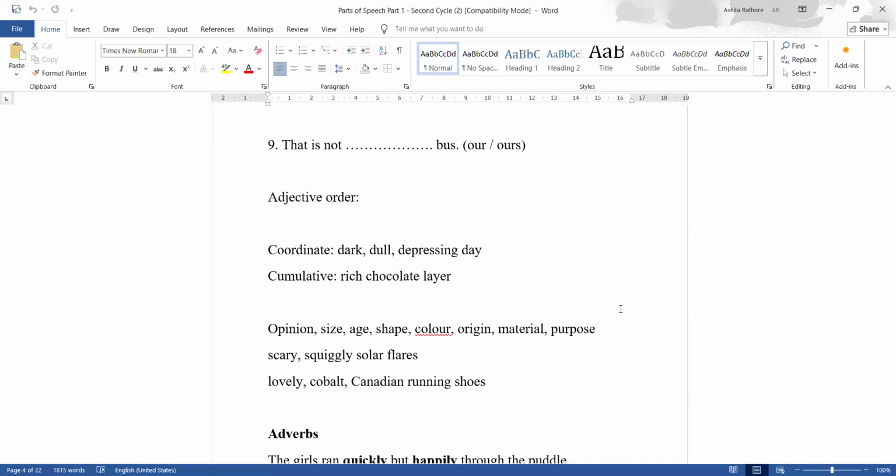Rich chocolate layer, to me, sounds like the quality of the chocolate is rich, whereas chocolate rich layer, to me, sounds like the quantity of the chocolate is a lot. You've said it the other way around; the inversion is true.